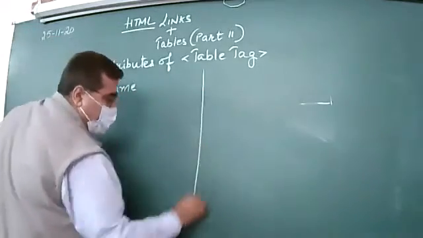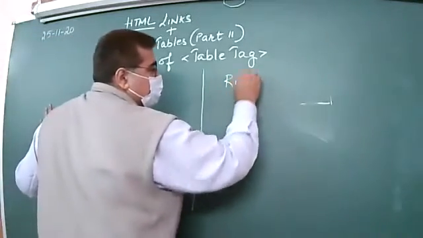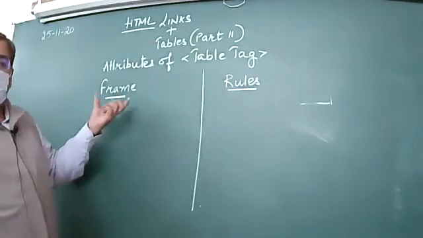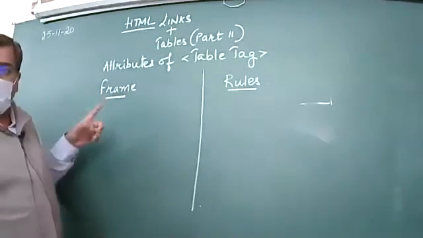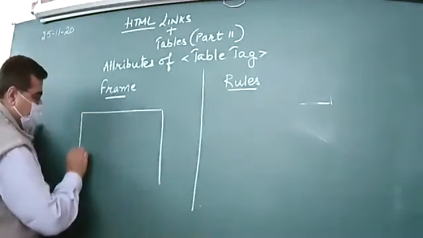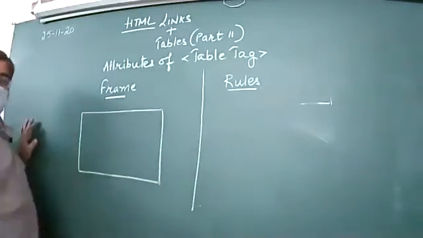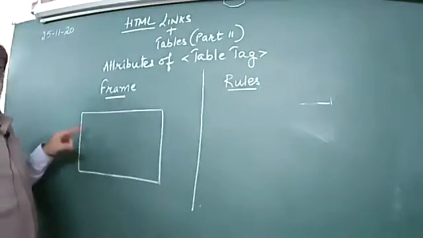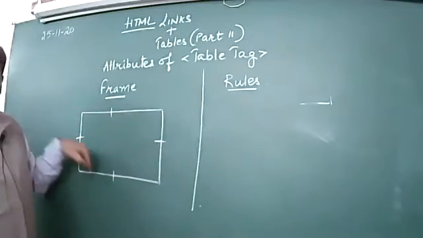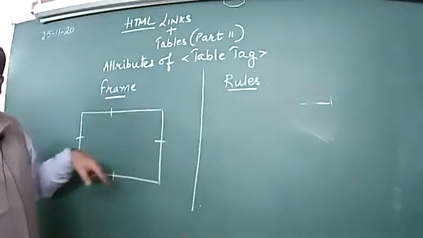Frame, parallel, I discuss rules attribute. Frame attribute is an attribute that deals with the setting of external border of the table, right? This is the border I have drawn, the border around the table.